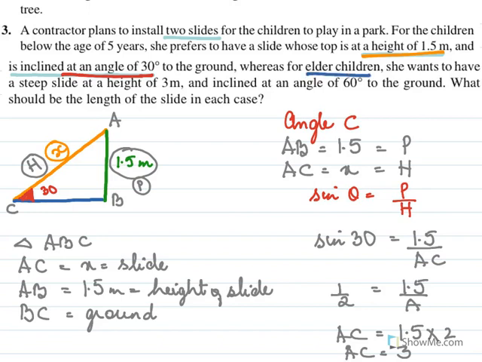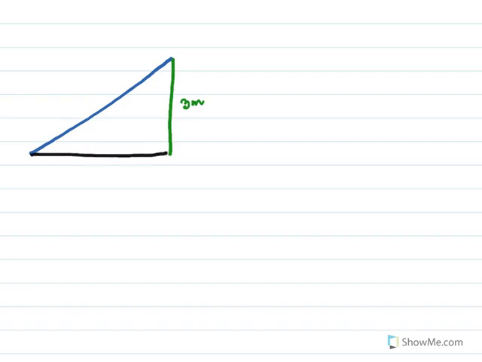The eldest children have a steep slide at a height of 3 meters, inclined at 60 degrees. So for the oldest students it is a little longer slide, and it is at a height of 3 meters, they said, which means this height now here, this is the height, is of 3 meters. And the angle with the ground, say here is the ground, the angle with the ground in this case is 60.